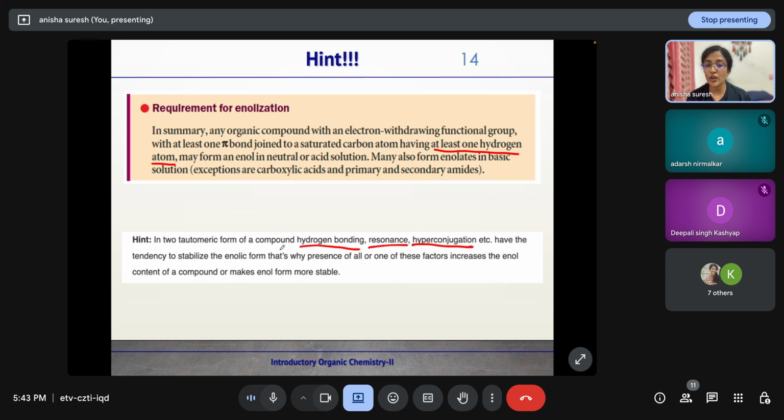So for this enol formation, the factors we have to consider is hydrogen bonding, resonance, and hyperconjugation. In two tautomeric forms of a compound, hydrogen bonding, resonance, hyperconjugation, etc. have the tendency to stabilize the enolic form. That's why presence of all or one of these factors increases the enol content of the compound or makes the enol form more stable.